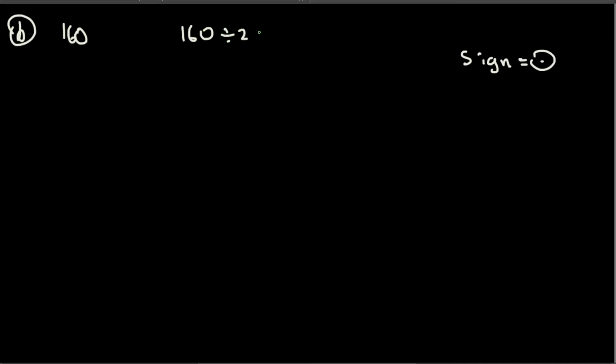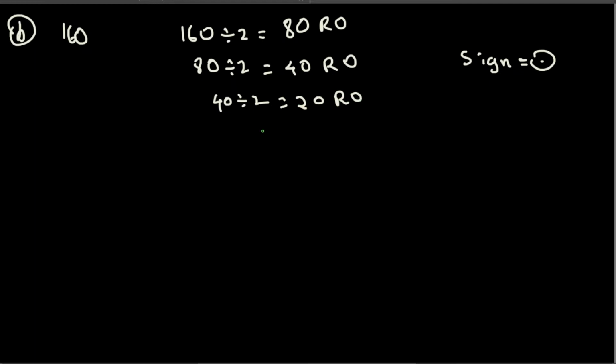160 divided by 2, the remainder is 0. 80 divided by 2 is 40, and the remainder is 0. 40 divided by 2, that is 20, the remainder is 0. 20 divided by 2, that is 10, and the remainder is 0.